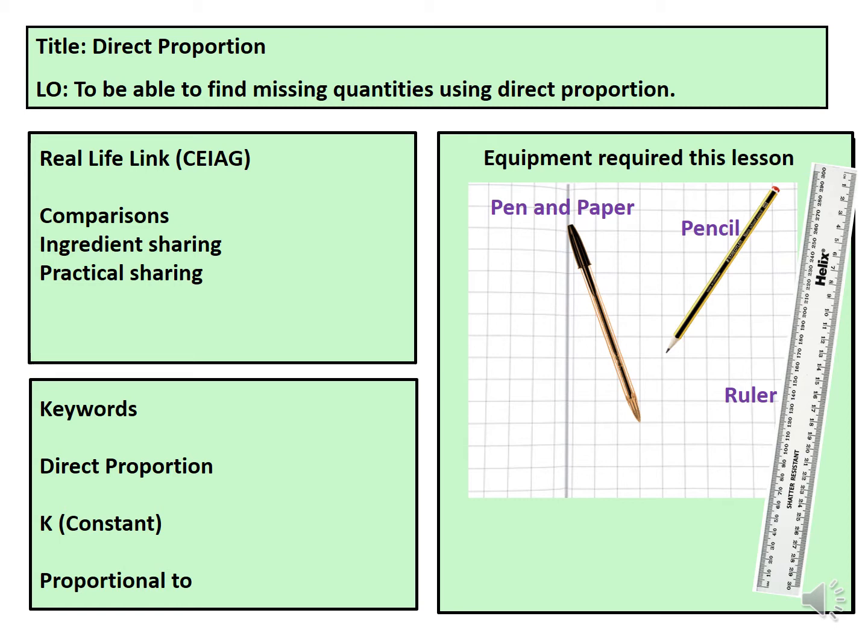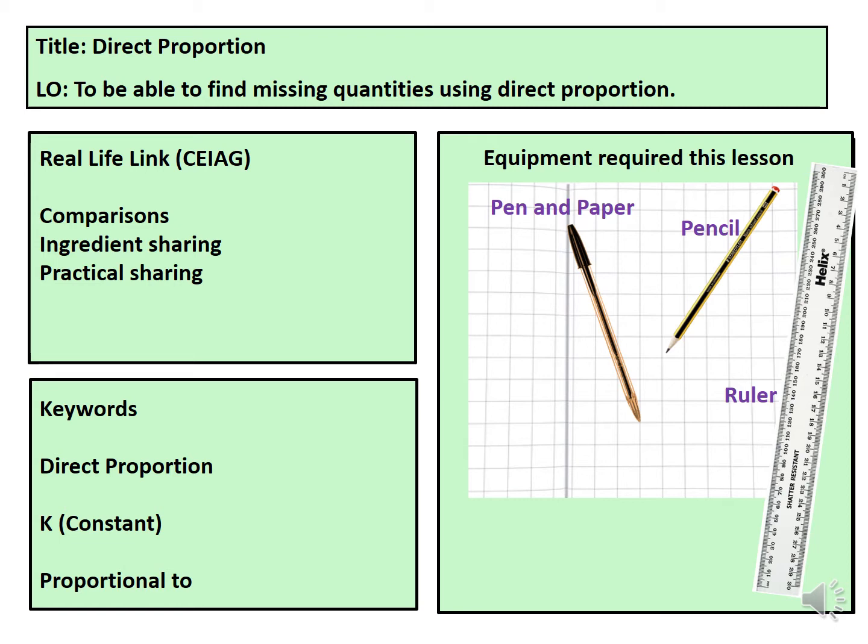Okay, before we start the lesson, we have to understand what direct proportion means. Direct proportion means, let's think about two things that are proportional to each other. If one of them goes up, the other one will go up by the same amount.